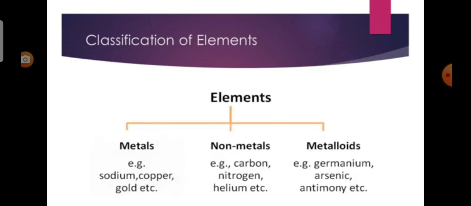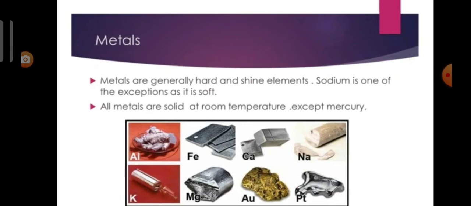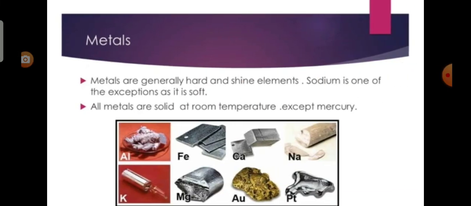Now we see about the classification of elements. Elements are classified into three types. One is metals, another is non-metals, and the last type is metalloids. Now we see about the metals. Metals are generally hard and shiny elements. Sodium is one of the exceptions as it is soft.